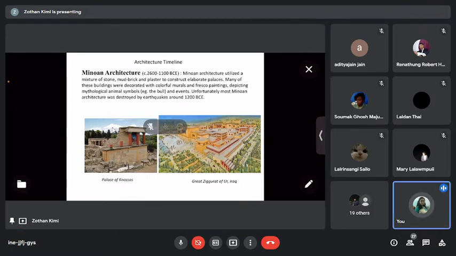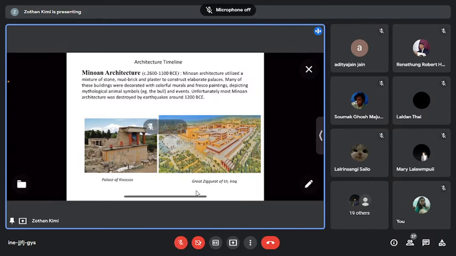Can you read this? Okay. So this is an illustration of what it might have been done by archaeologists.